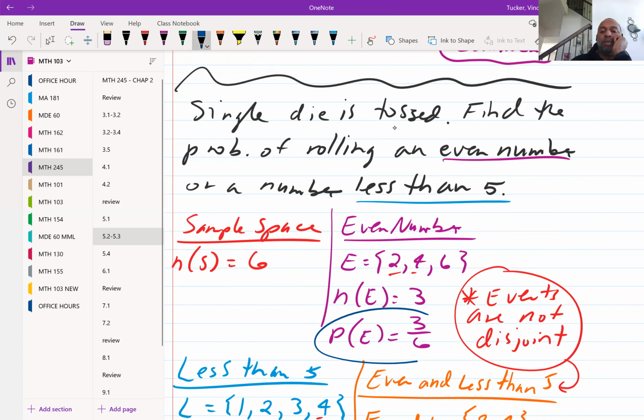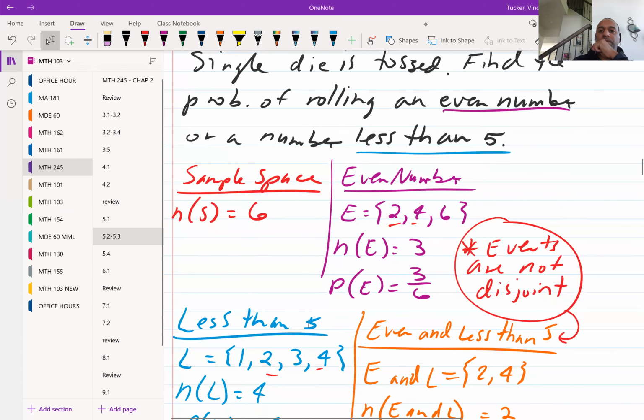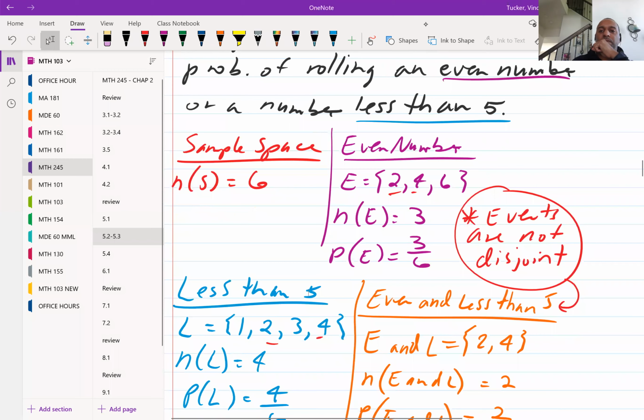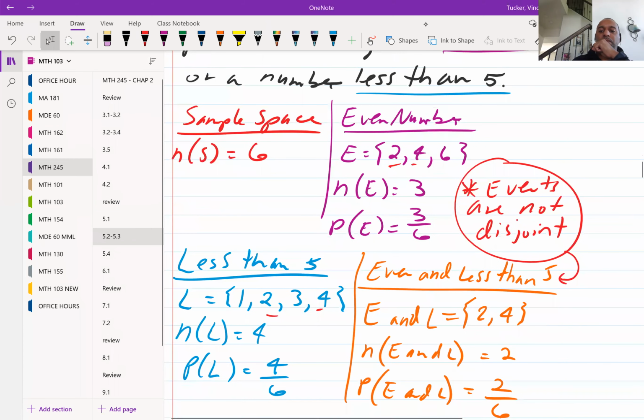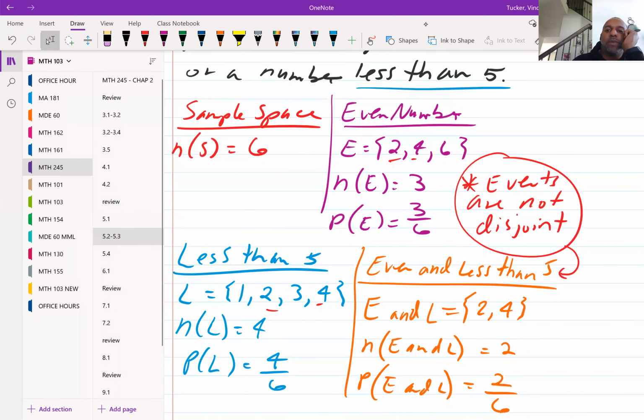So the probability would be 3 over 6. The next event was less than 5.